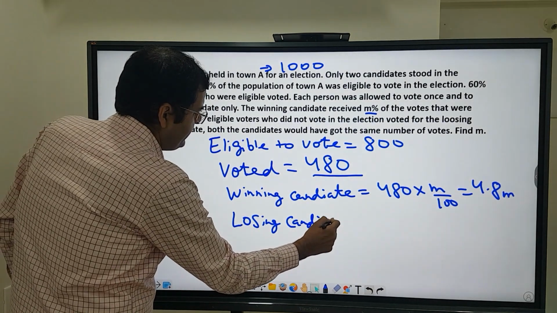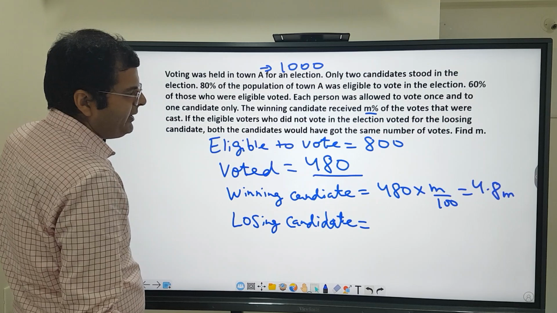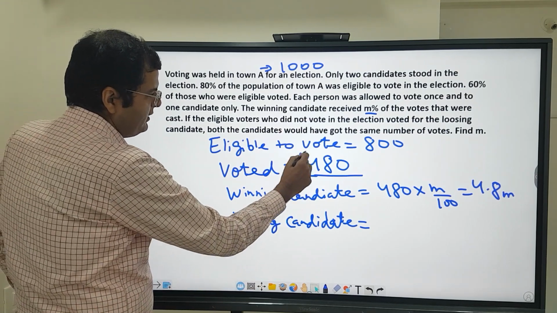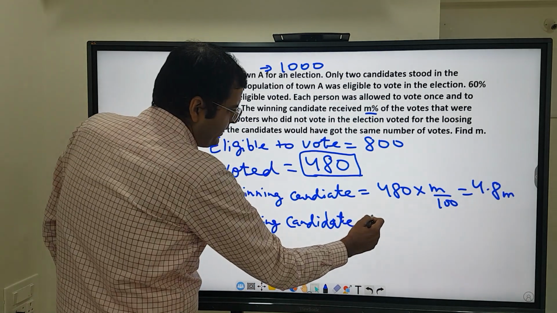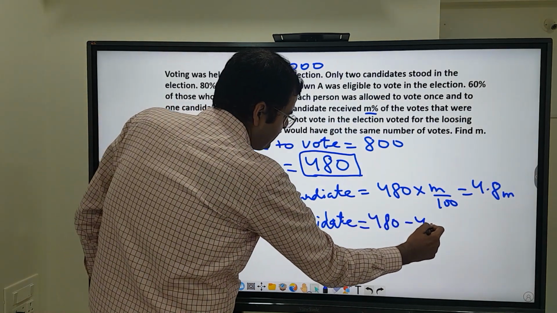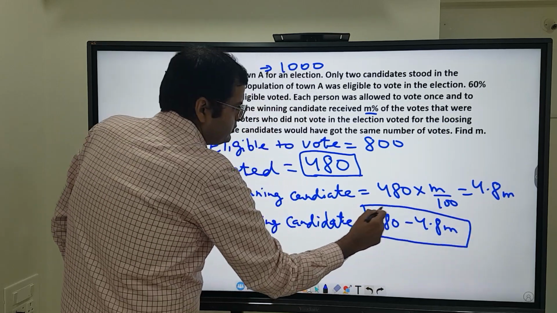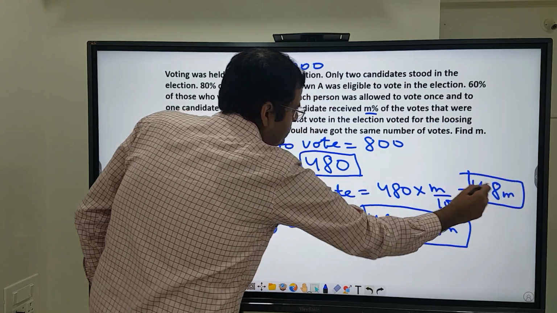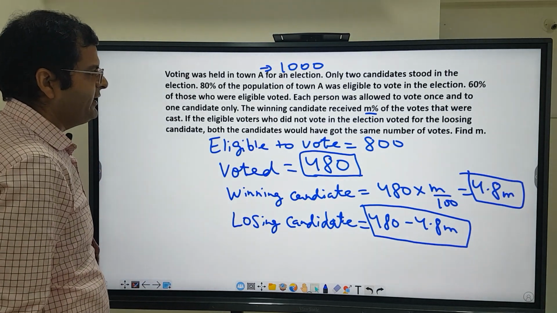Out of this 480, 4.8 M were for the winning candidate. So the losing candidate got 480 minus 4.8 M votes. So 4.8 M were the votes of the winning candidate, and 480 minus 4.8 M were the votes of the losing candidate.